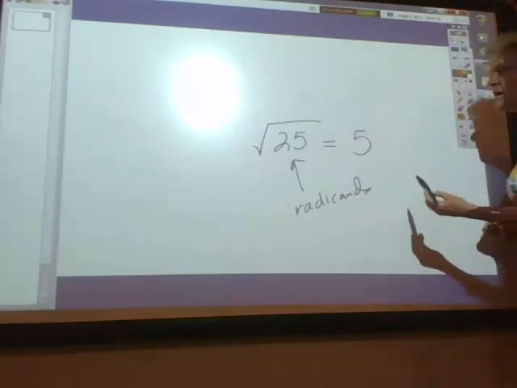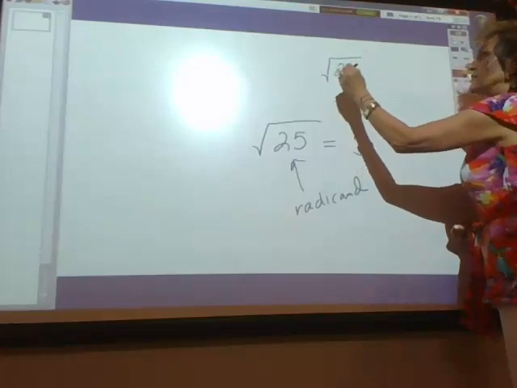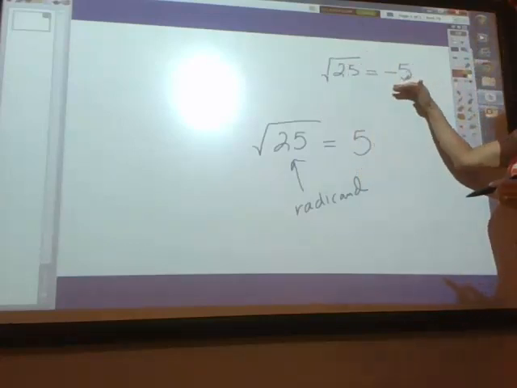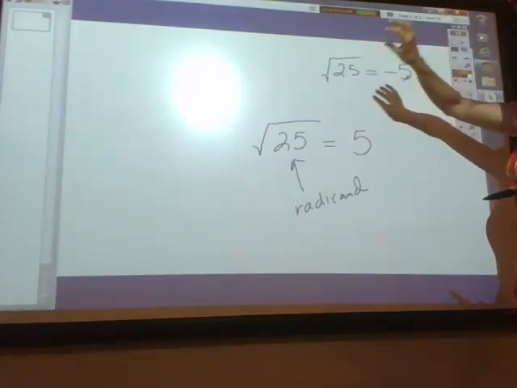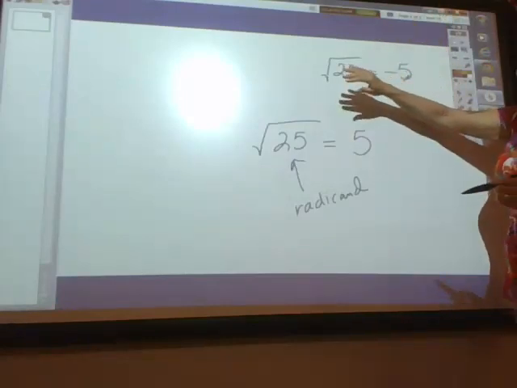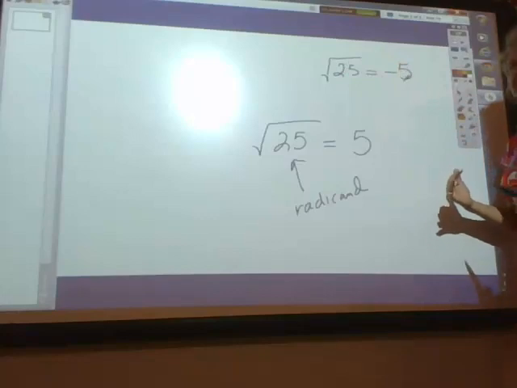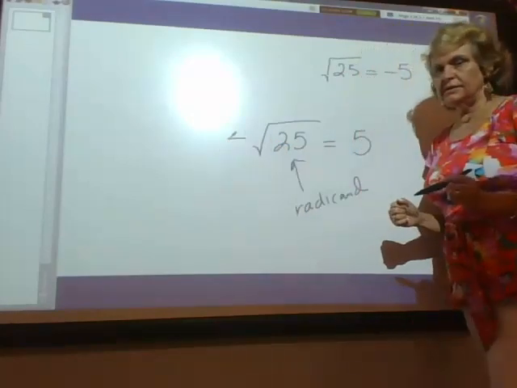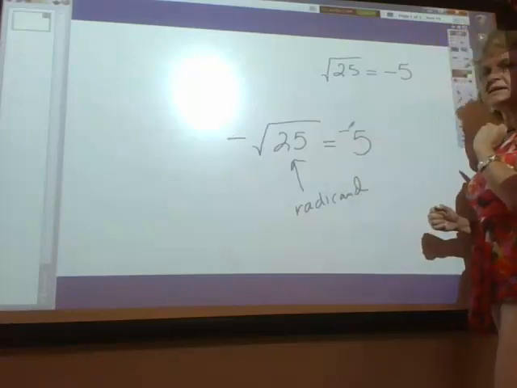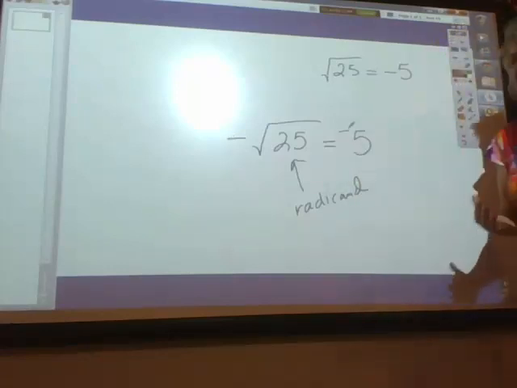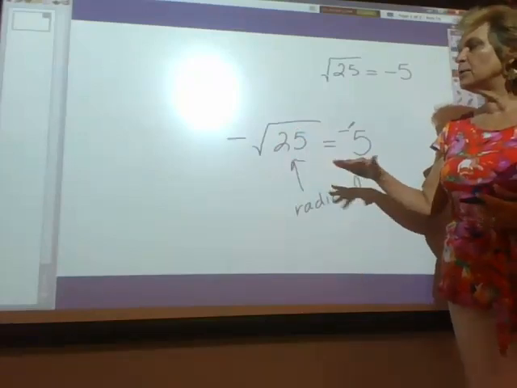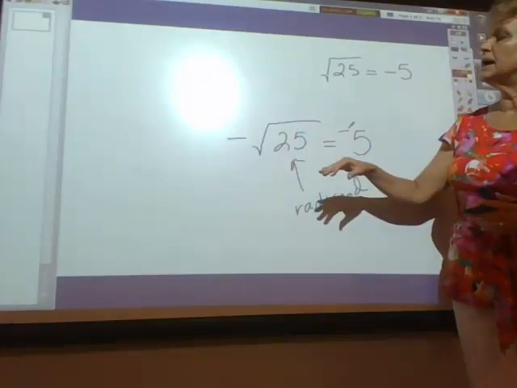Now, we know that radical 25 could also be a negative 5 because negative 5 getting squared could be 25, correct? If we want to indicate the negative solution, it'll have a minus out in front, okay? So in this case, we'd say minus. So we are aware that the square roots of 25 would be 5 and negative 5, but we're going to list them appropriately.